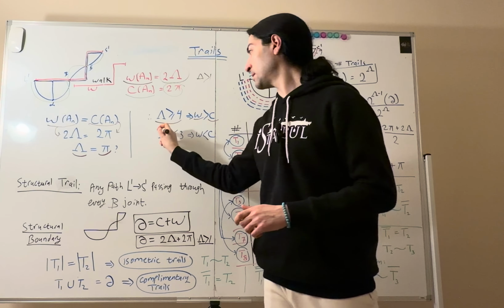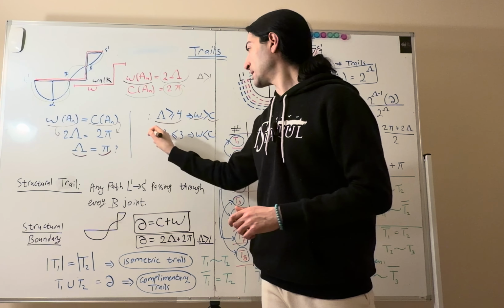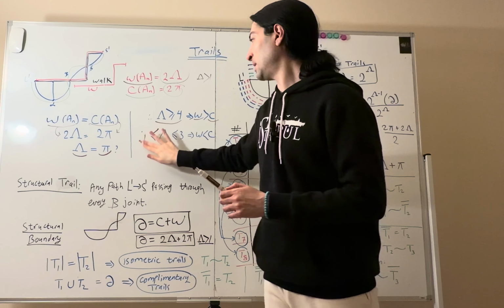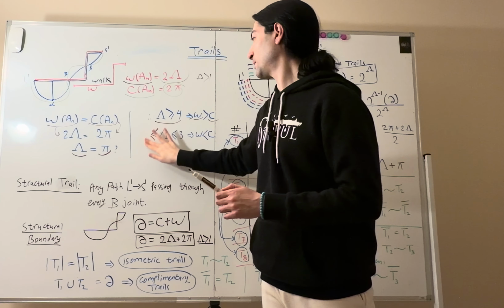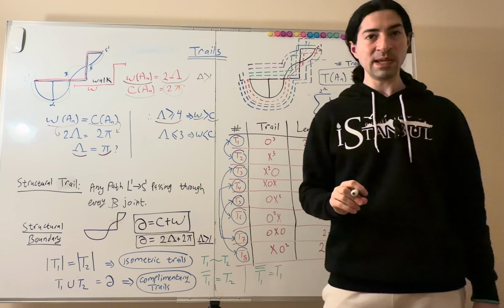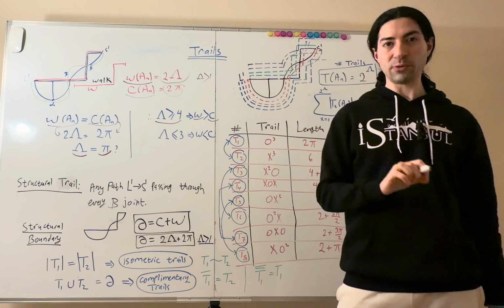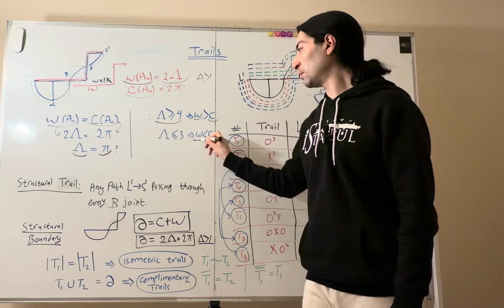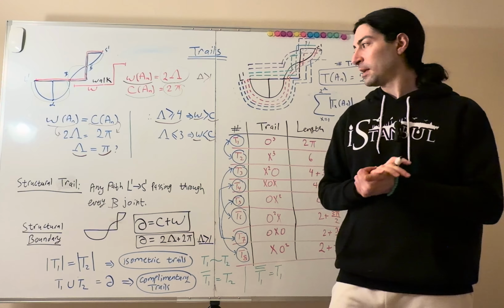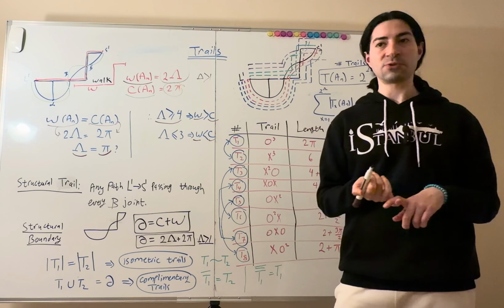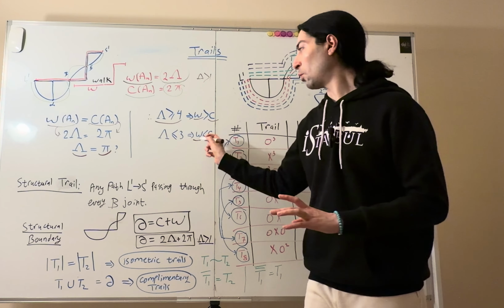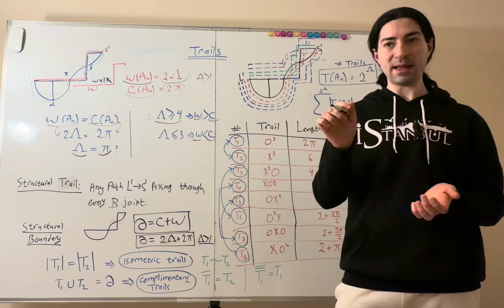If it is less than or equal to 3, or lambda is less than or equal to 3, then the walk will be smaller than the curve. So if the order of the sectoral structure is 1, 2, or 3, then the walk would be the easier path to follow.